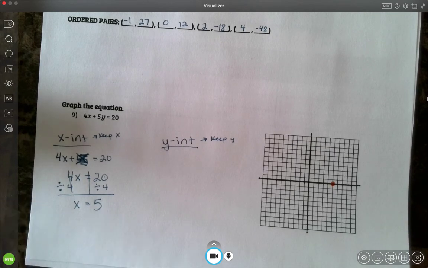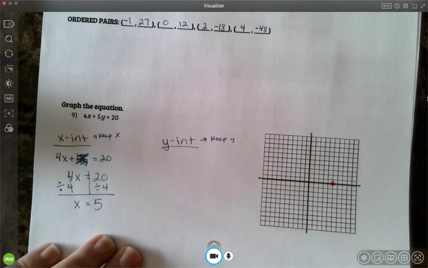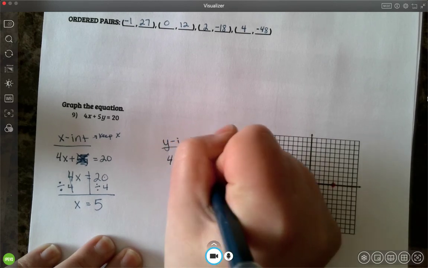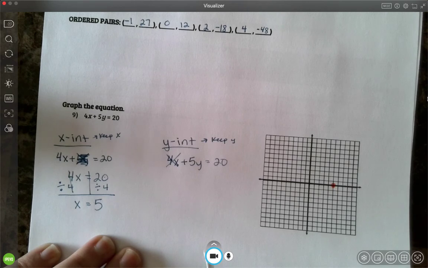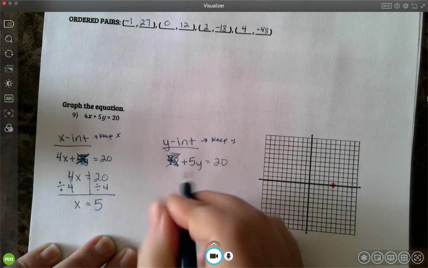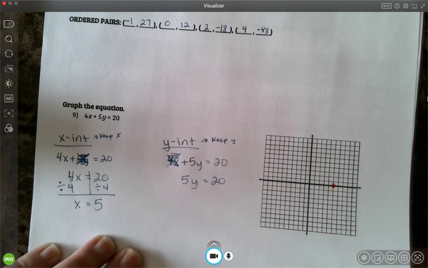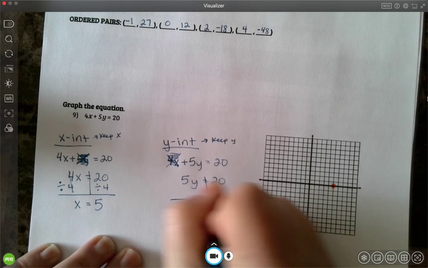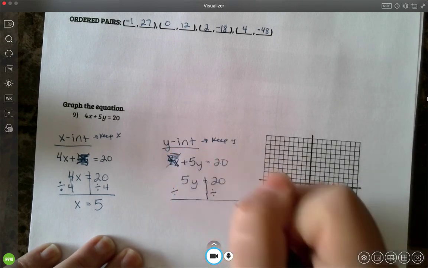Now for the y-intercept, you are going to keep the y. So 4x plus 5y equals 20. This time we cross out the 4x, so I can scribble that out. I'm left with 5y equals 20. So then to get y by itself, I have to move that 5, and again, it's being multiplied, so I can divide both sides by 5.